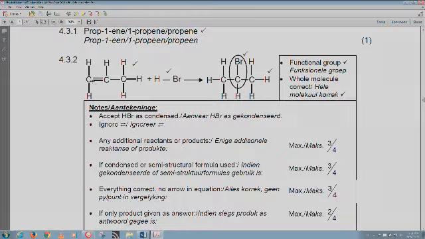So if there is a double bond there between carbon 1 and carbon 2, and all the hydrogens are correct, and all the bonds are shown, it's 1 mark for the prop-1-ene. And for HBr, it's the 2nd mark. And then for the products, if the Br is connected to the middle carbon and all the bonds of that middle carbon are shown correctly, then there's 1 mark for the functional group. And then if the rest of the molecule is correct, including the functional group, then you give the 2nd mark.